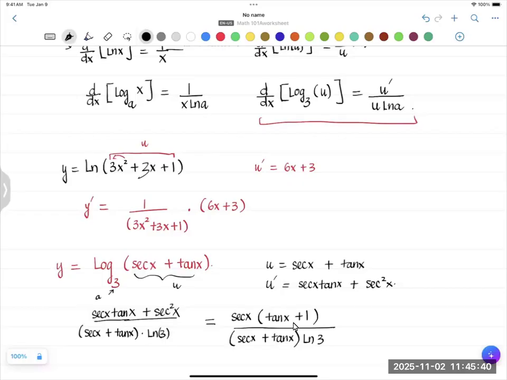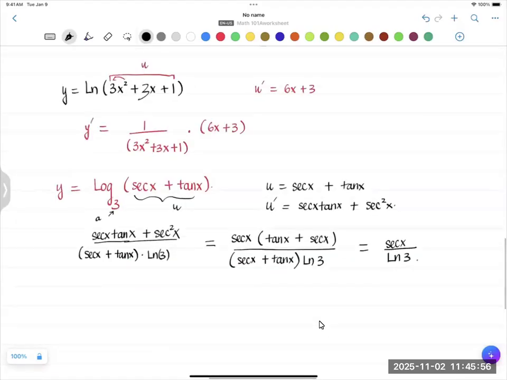From here, oops, not plus 1, plus secant x, because you have secant x squared. And that will give you secant x over ln 3.